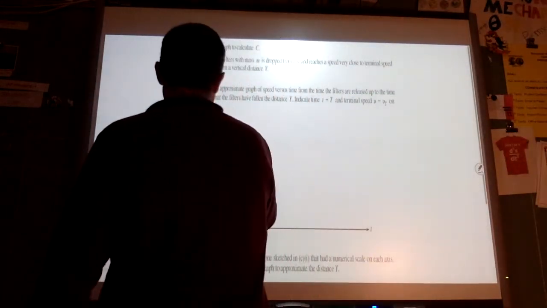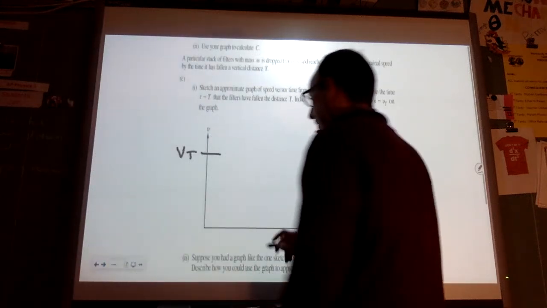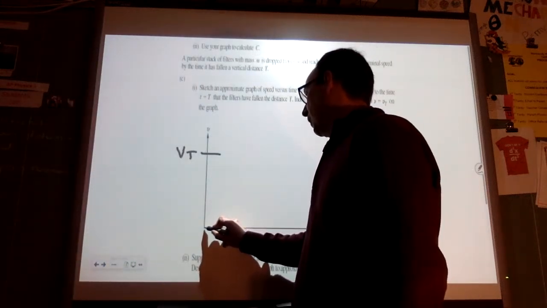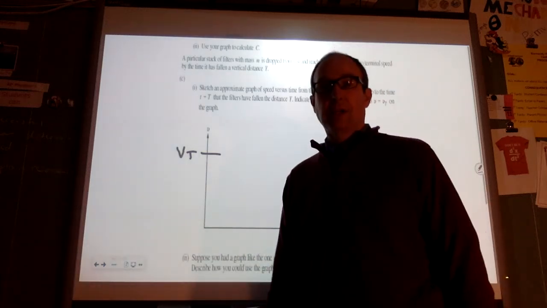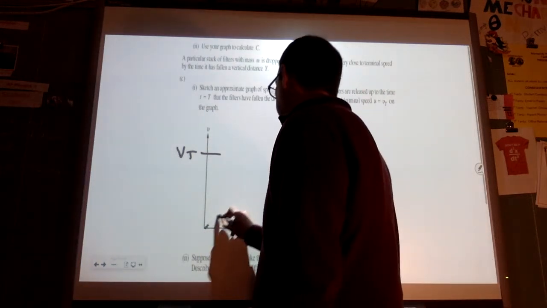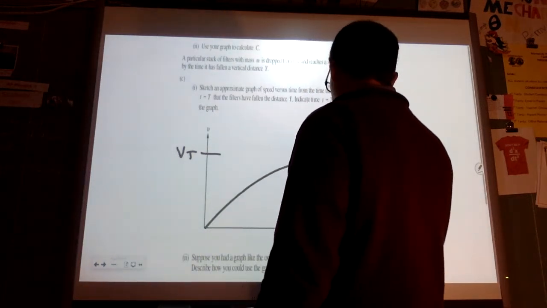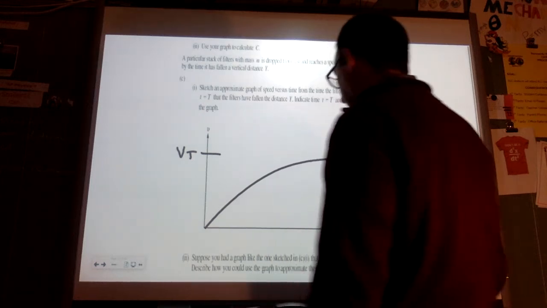So we're going to go to a terminal speed. It's going to be a curve because the slope of velocity would be acceleration, and the acceleration is always changing. It's related to your speed, right? This is going to approach that line, and we're going to put T on here.